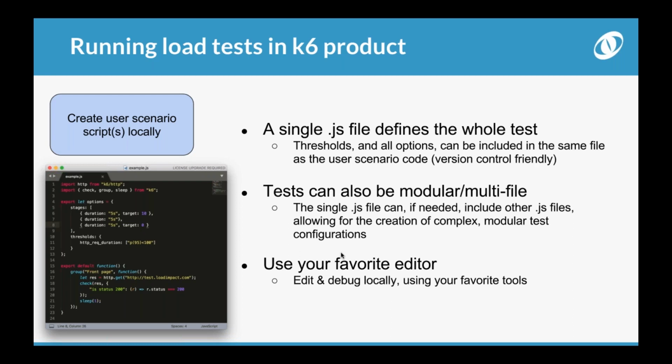That could, for example, be that you separate them based on pages. So if you're testing a traditional website, you might have one JavaScript file per page, and then you combine them in different ways to create more complex scenarios and flows. Or in the API testing case, it could be that you have one file per API endpoint, for example, and then you combine them into a larger, more complex API flow.